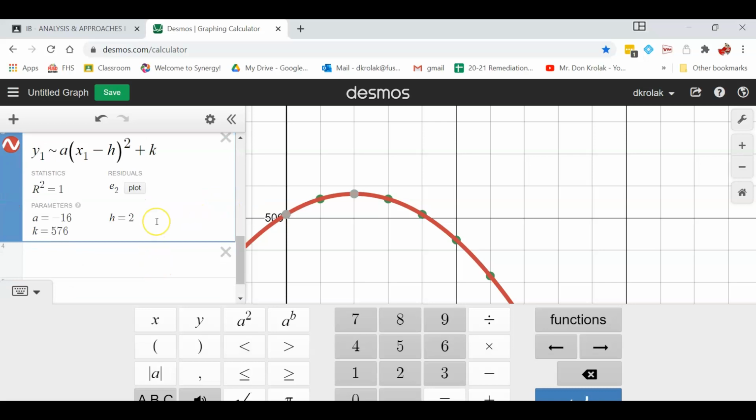And there it is. A is negative 16, H is 2, K is 576.